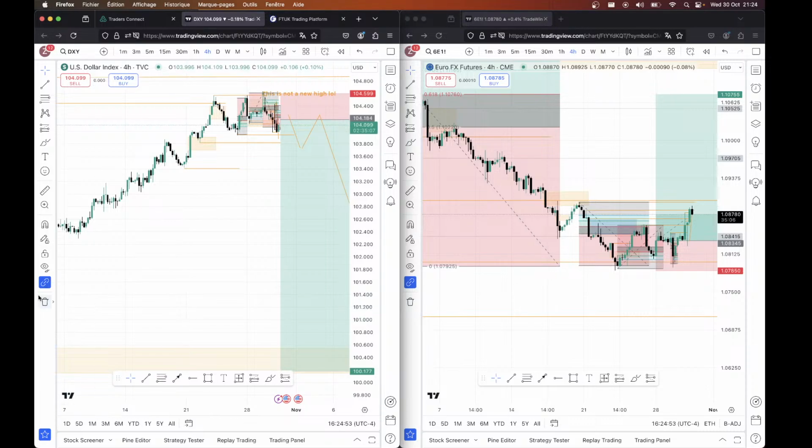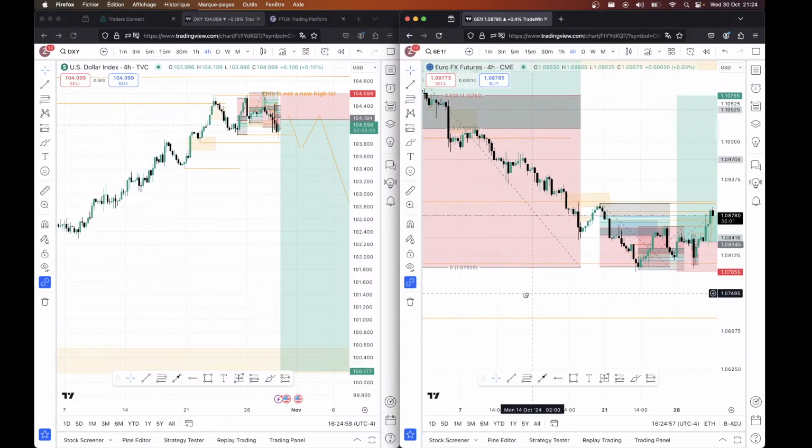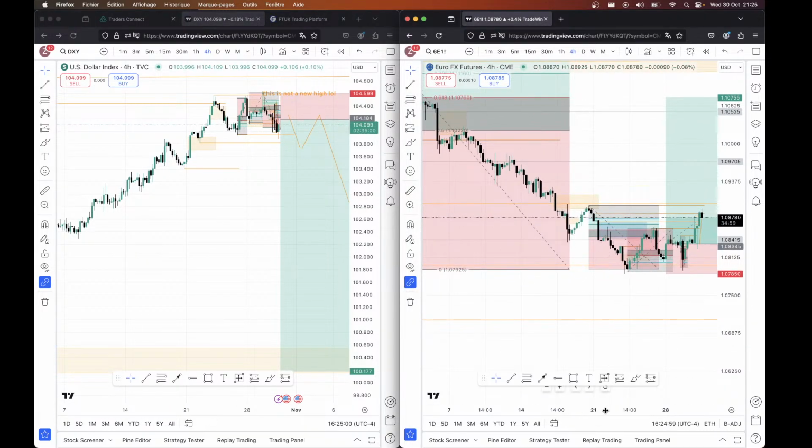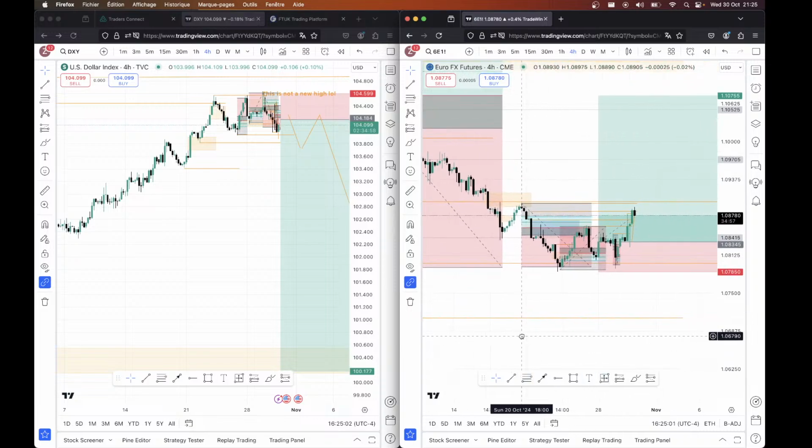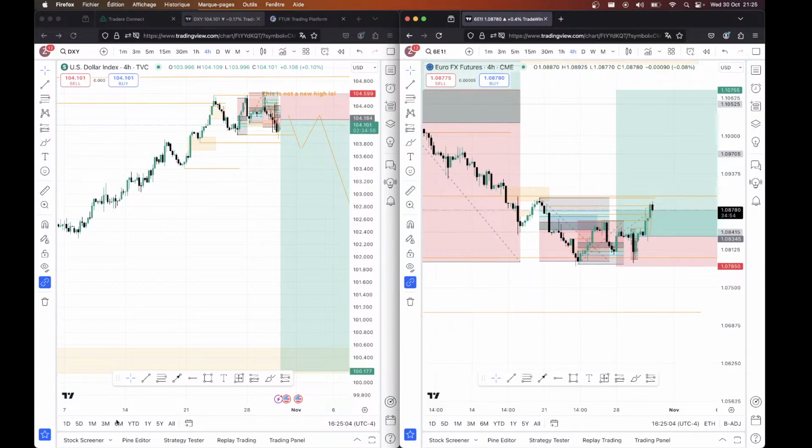When the dollar goes up, you can see that euro goes down. They just behave inversely. That's really important to understand.